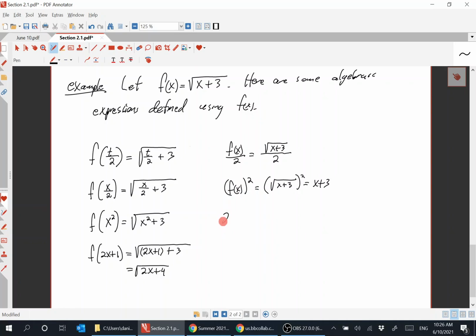Well, how about this? 2 times f of x plus 1. Two times the square root of x plus 3, plus 1.